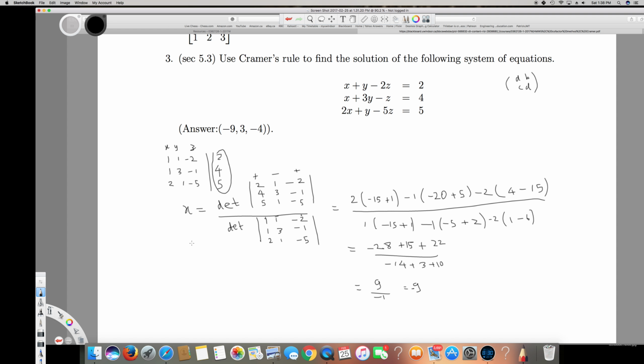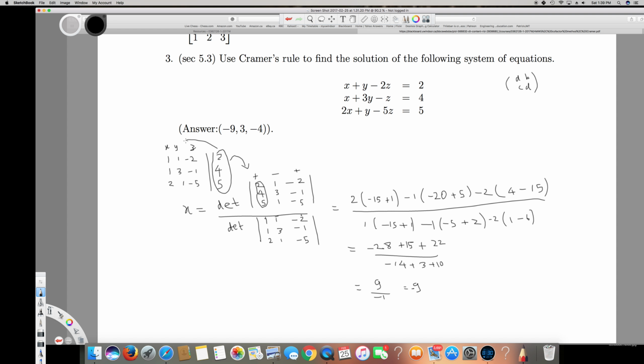Since we have found the x component, I have to find the y component. You have to do the same thing. For the x component I swapped this value for the first column, the x values. If I want to do y, I have to swap this column with the y values.